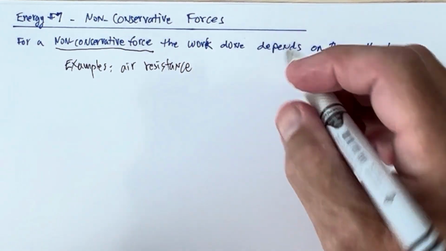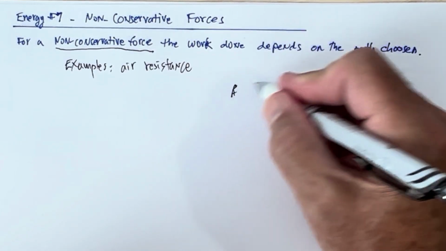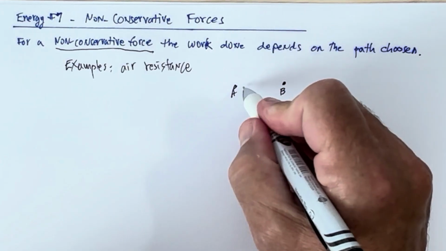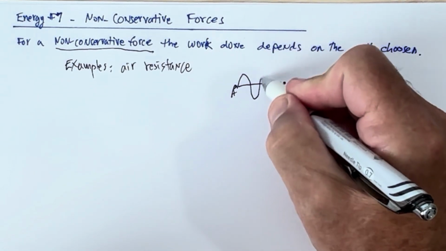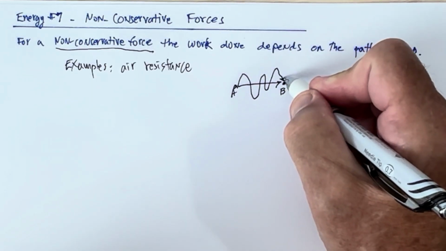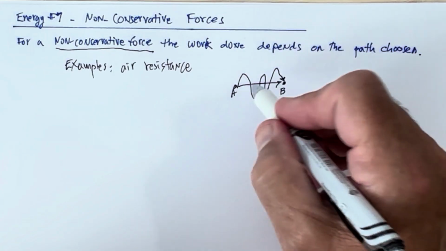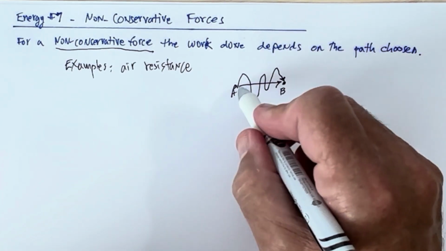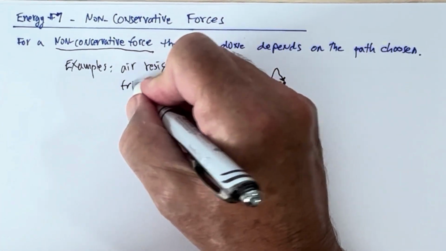Say you're in your car and you want to go from point A to point B. You have a certain air resistance if you go directly there. But if you take a curvy or circuitous path to get there, you experience a lot more air resistance because your path is actually longer, even though the points you go from and to are the same. And then also friction.